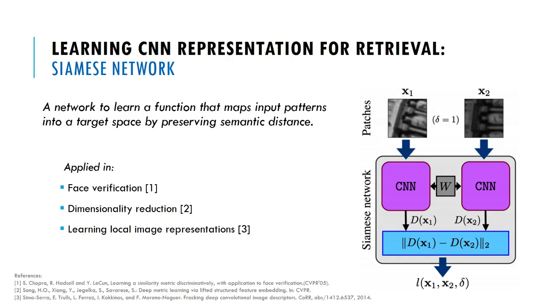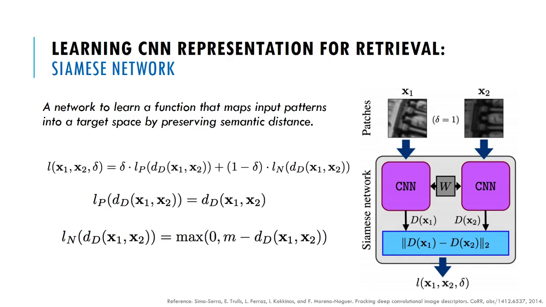I will describe the loss function on the next slide, but the basic idea here is that we have two convolutional networks, CNNs, and we're going to be sharing the weights between these two networks, and the output is the feature vector. We'll be comparing these feature vectors with the Euclidean or L2 norm, and then we're going to try to minimize the distance for patches that are the same, and make the patches that are not the same have a far distance from one another.